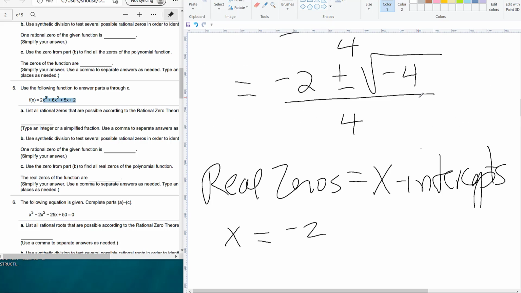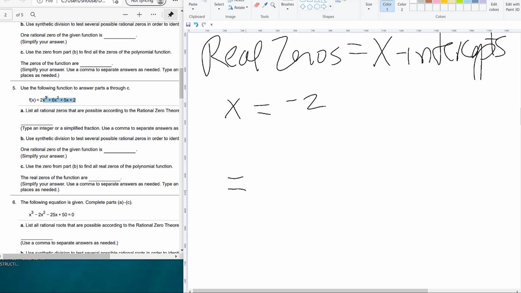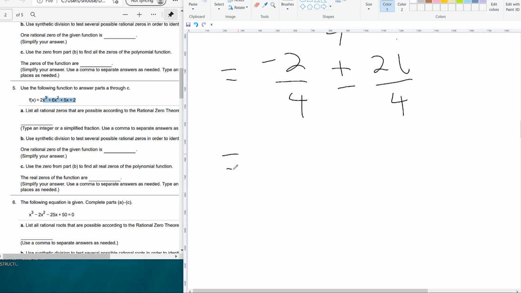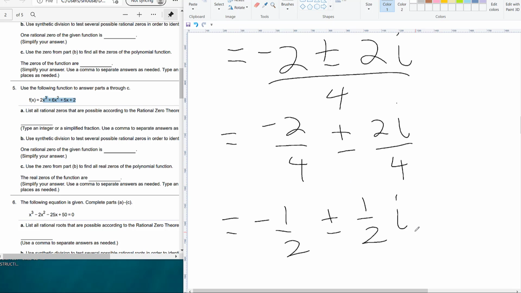So let me go ahead and simplify that the way we would, just so you can see it. That's going to be a 2i, and all of that is over 4. And I would need to split this apart with both parts over the 4 and reduce it to negative 1/2 plus or minus 1/2 i. Now these are conjugate complex roots. Remember, they come in pairs because of the plus and minus, and they will not be an x-intercept.